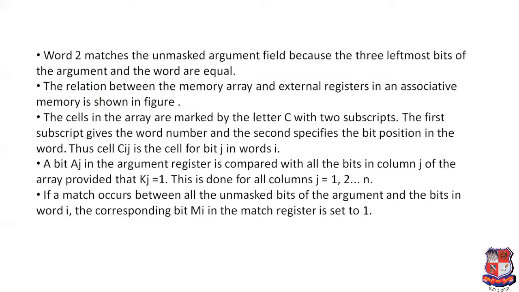Now, if the match occurs between all those unmasked bits of the argument register and the bits in word i, the corresponding bit Mi in the match register is set to 1.